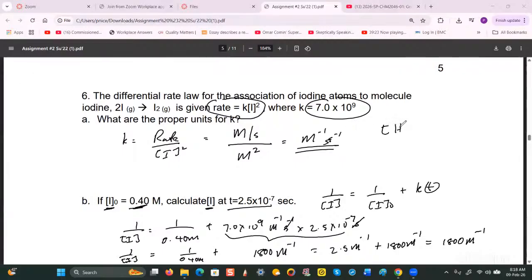The concentration of I, I keep writing H instead of I. The concentration of I will be equal to 1 over 1800 M to the minus 1, which will be equal to 5.6 times 10 to the minus 4 M. And that's it.